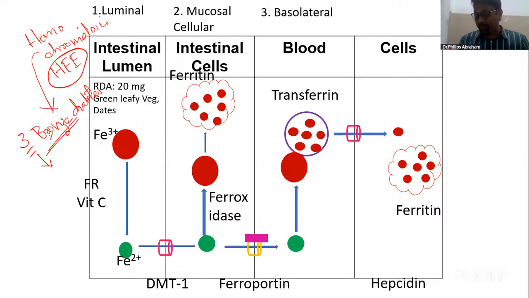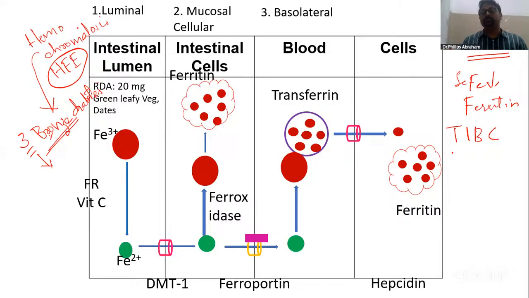Then, whenever iron level is less, that leads to iron deficiency anemia. There, serum iron will be decreased and ferritin will be decreased. What will increase? Very important: one compound called TIBC, total iron binding capacity of transferrin.